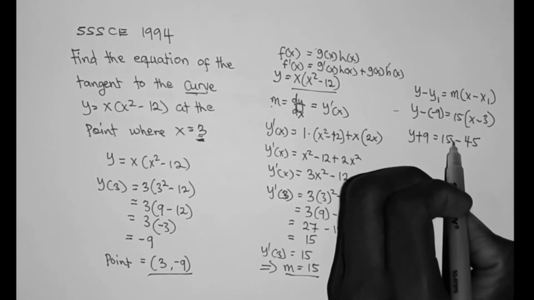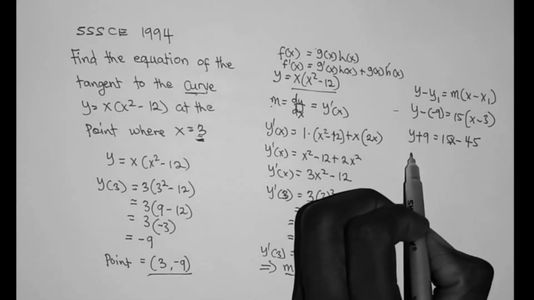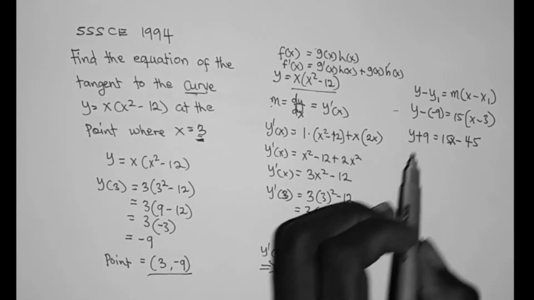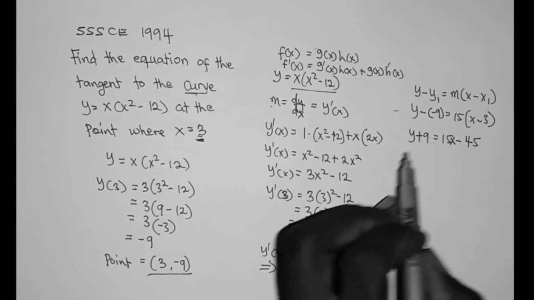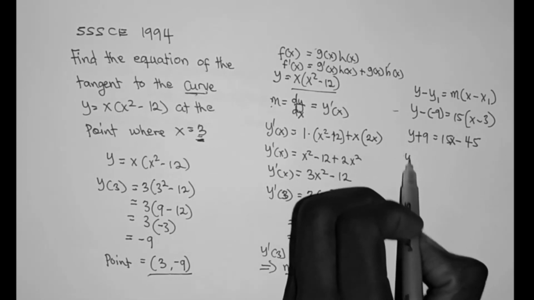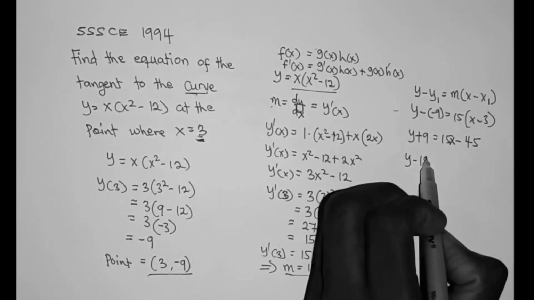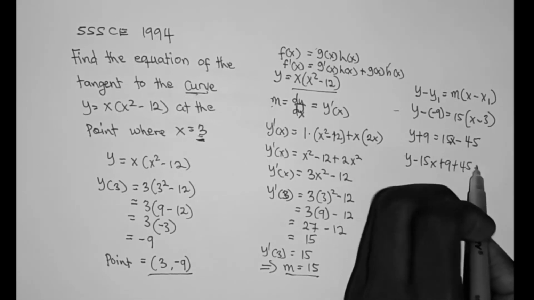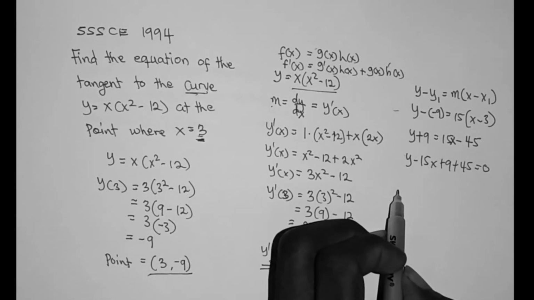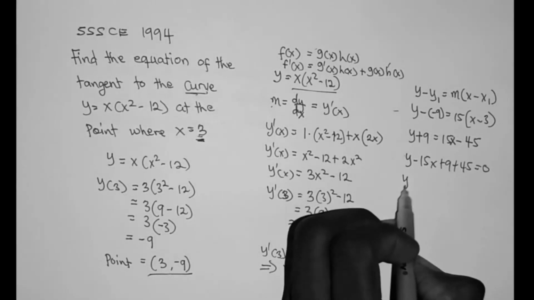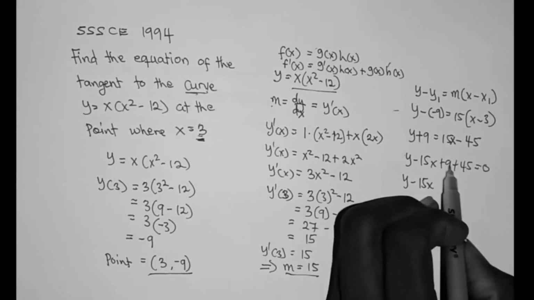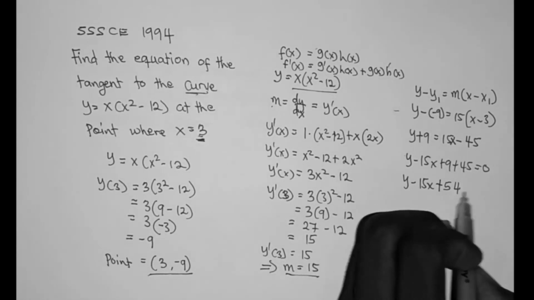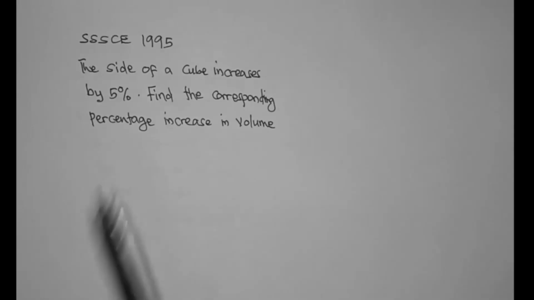Taking all of these terms to the left hand side of the equation gives y minus 15x plus 9 plus 45 equals 0. So y minus 15x plus 54 is equal to 0.